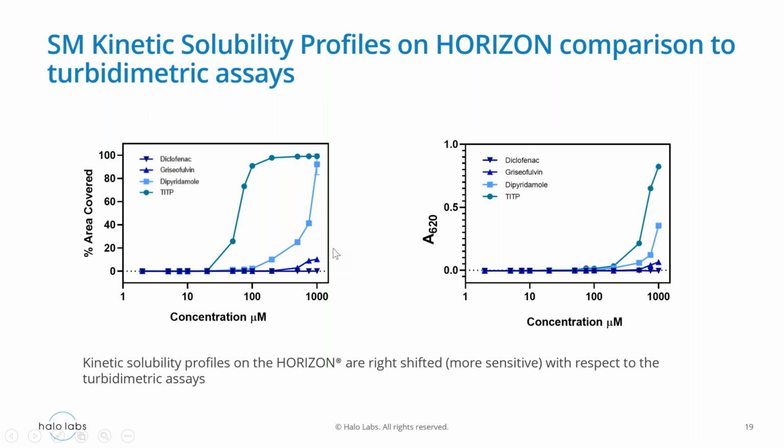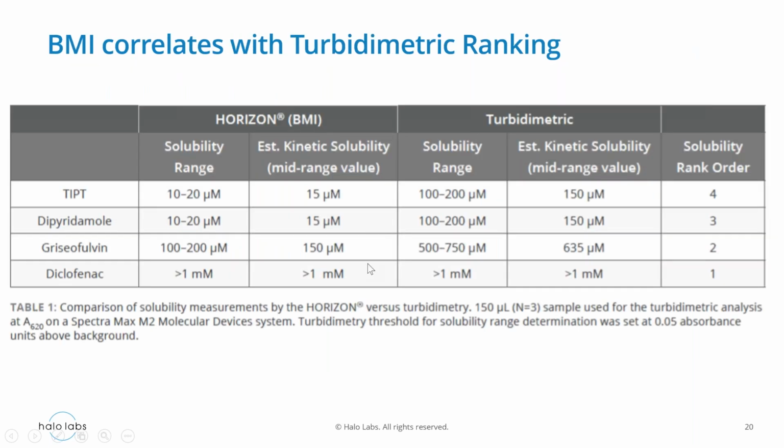So if we put everything into a table like this, this is the solubility range that we measured for these particles. We're putting between 10 and 20 micromolar as the solubility range, because this is the range where the compounds seem to be coming out of solution.